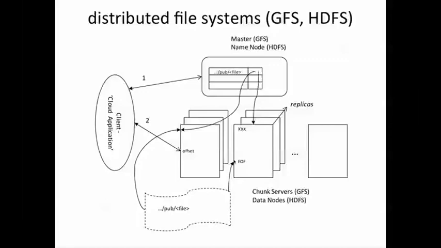So to summarize, what the GFS distributed file system architecture is really good at is supporting multiple parallel reads and writes from a large number of processors. The reads are arbitrary and random access, but the writes are best done when they are appends, or writing to the end of a large file.